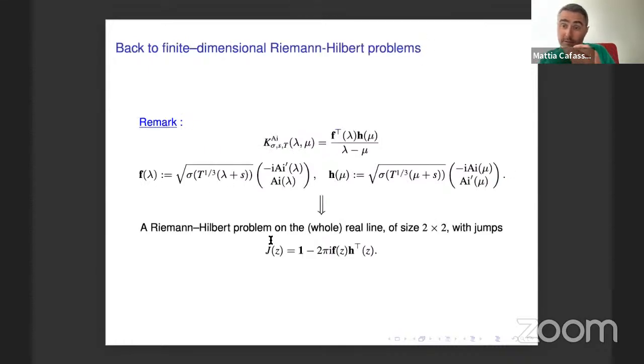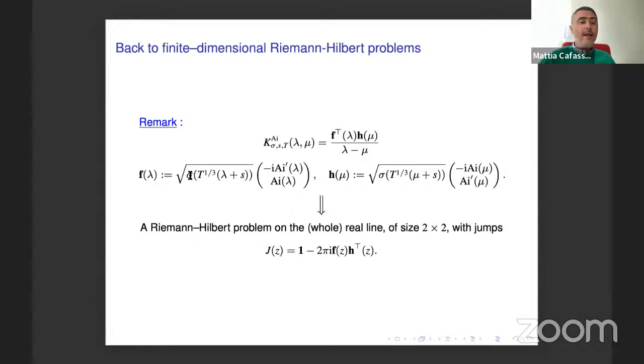But for us, from the point of view of integral kernels, this is also interesting because this K_Ai,sigma,s,t is now an integral kernel of dimension 2 by 2, because it can be written as f transpose of lambda times h of mu divided by lambda minus mu, where f and h are written here.